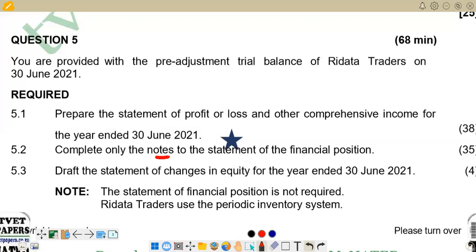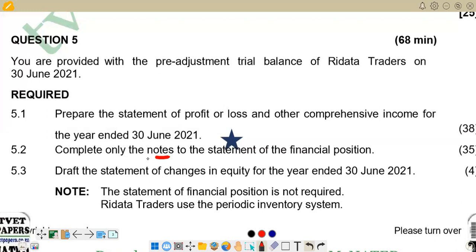Then also we have trade and other receivables, where we have the trade receivables control figure that we are given, and then we are supposed to include accrued income, and we are also supposed to include the prepayment of an expense, right? Those are some of the workings that we need to pre-calculate before we prepare the statement of financial position. So that's the part that we are having here, that is 5.2.